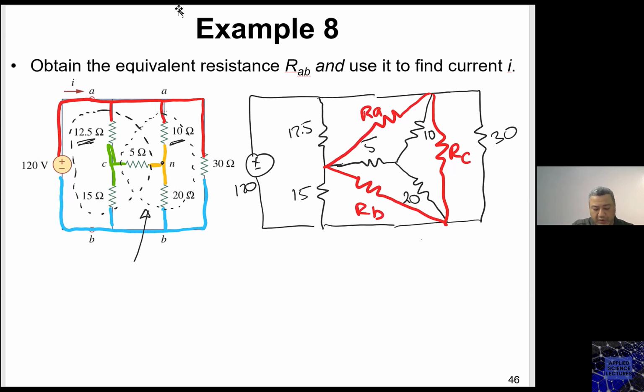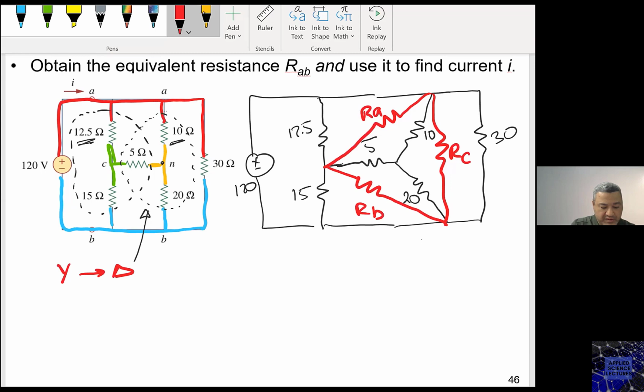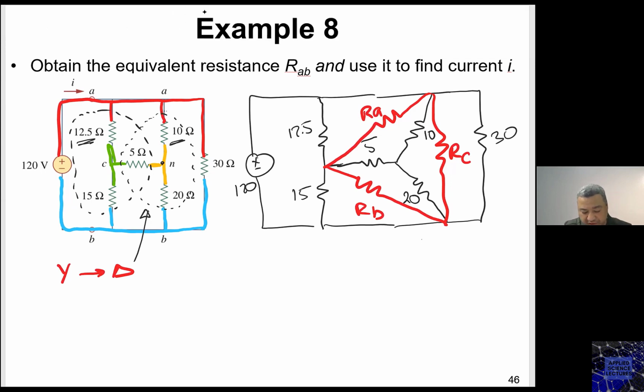Okay, so now I want to go from Y to delta. If you recall, this was based on the equations that I have introduced. This one would be R1, right?